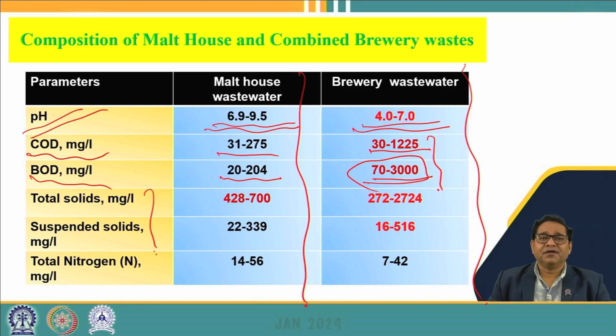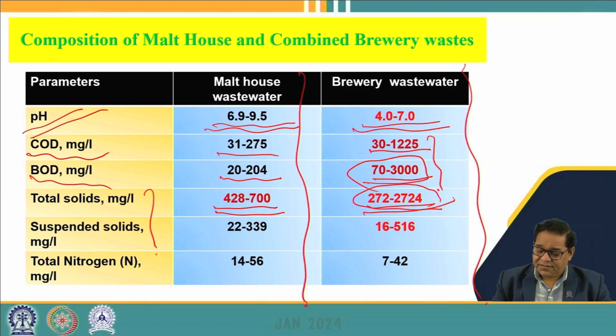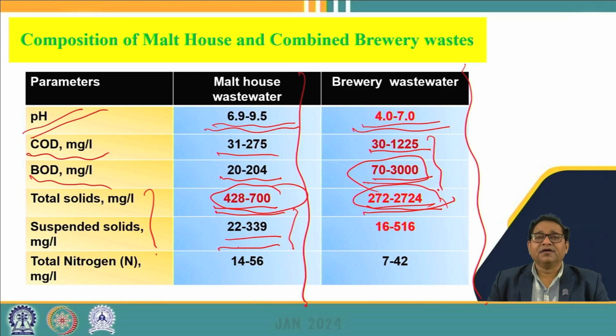In terms of solids, if we see, most of the solids are dissolved in nature. If we see the total solids variation, in brewery sections this concentration is significantly higher than the concentration of total solids in the malt house. And in the malt house, the solids are mostly suspended solids.